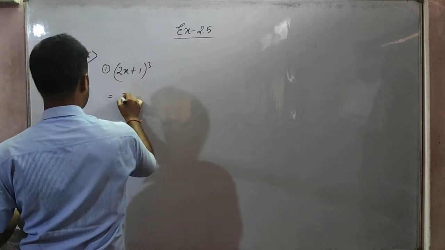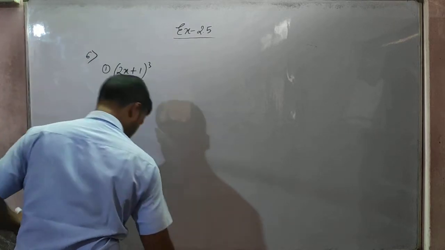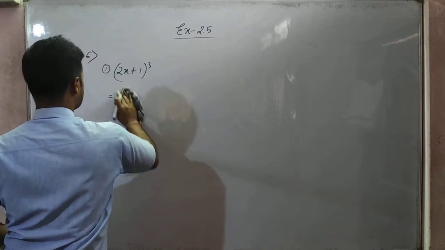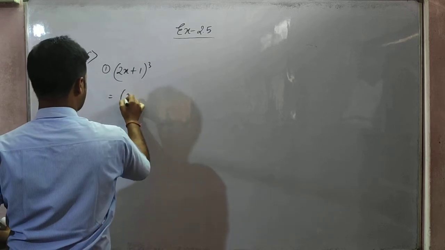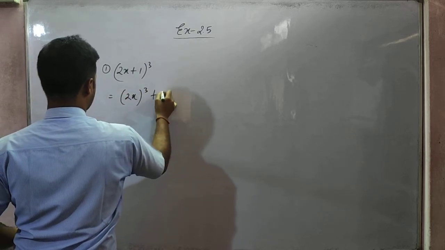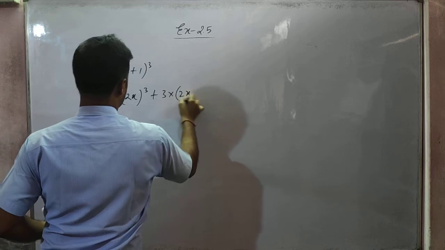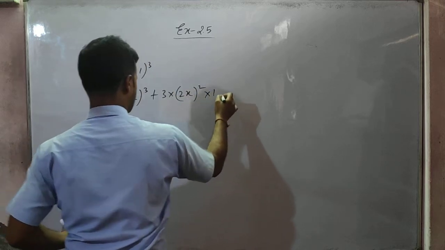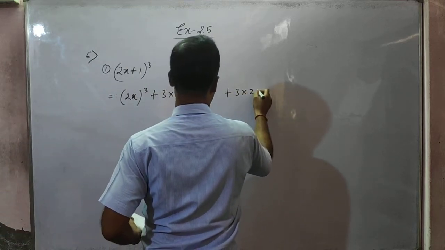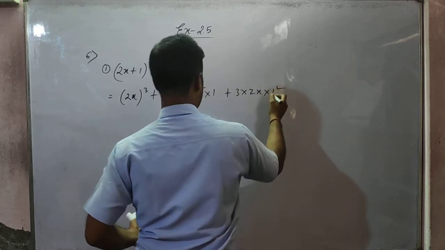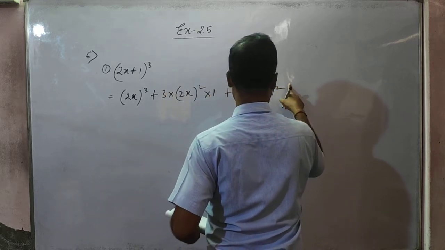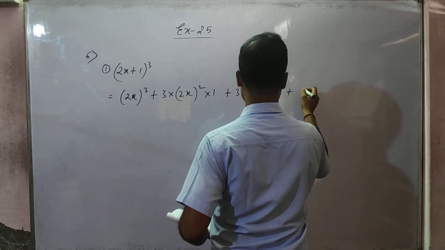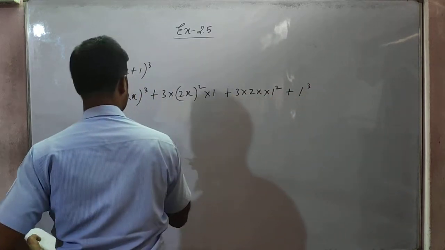So this will be 2x plus 1 whole cube. We can write it this way. 2x whole cube plus 3 into 2x square into 1 plus 3 into 2x into 1 square plus 1 cube.